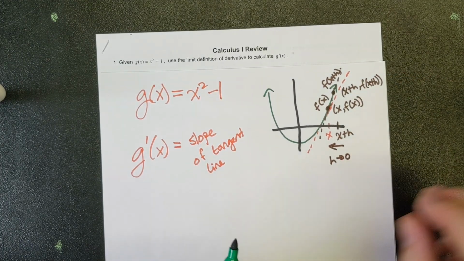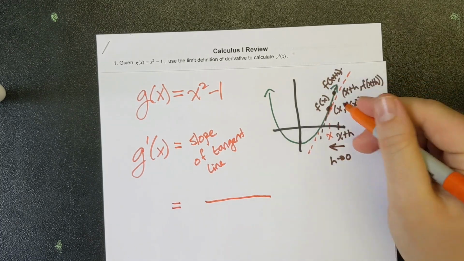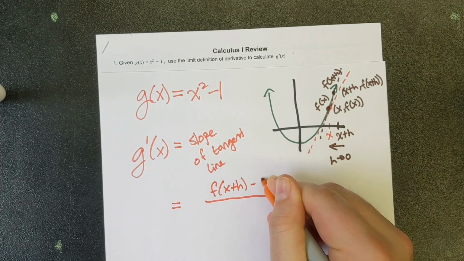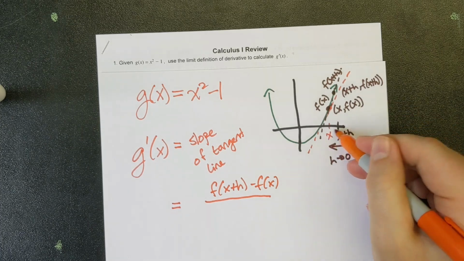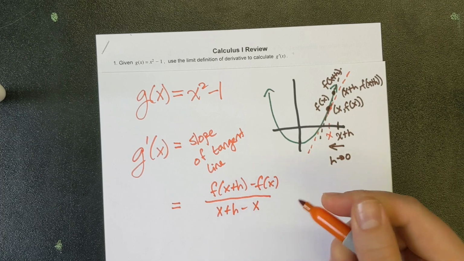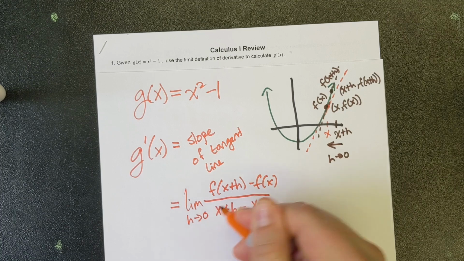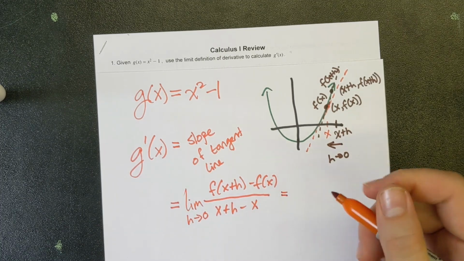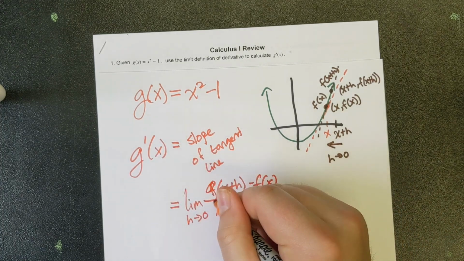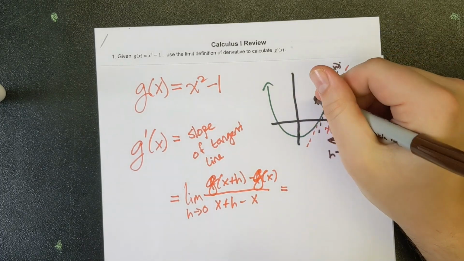So the slope of the tangent line is really close to the slope of the secant line, change in y values, f of x plus h minus f of x, over change in x values, x plus h minus x, and then you're going to take the limit as h goes to 0. So that's just the formula. Well, I've been doing f's here, but I guess I should do this with g's, huh? This is g of x. We're doing this for some function g.